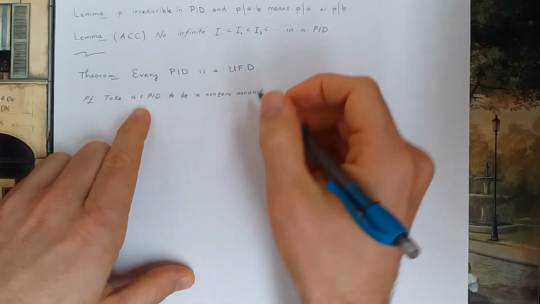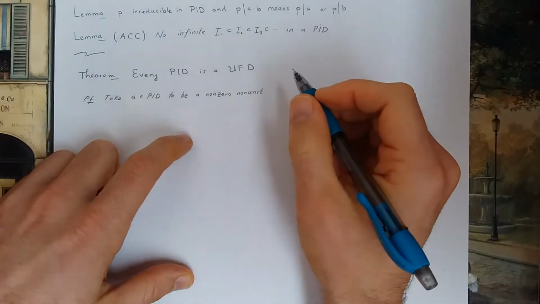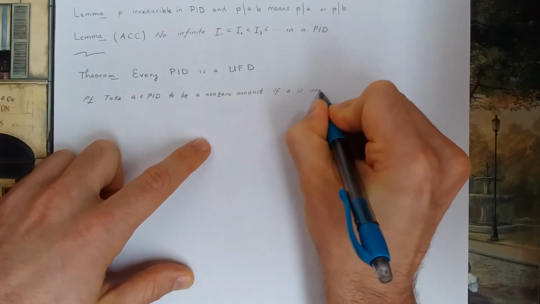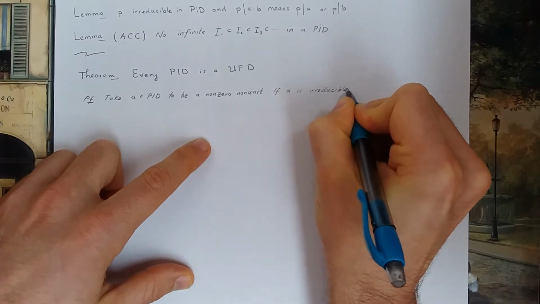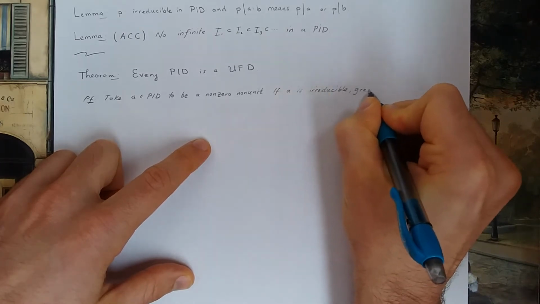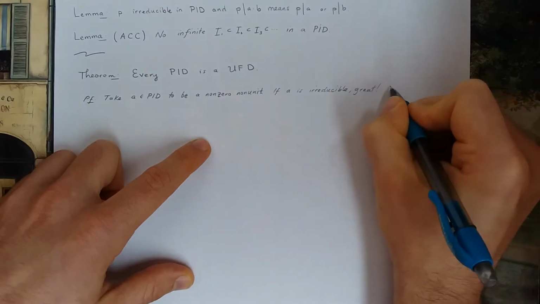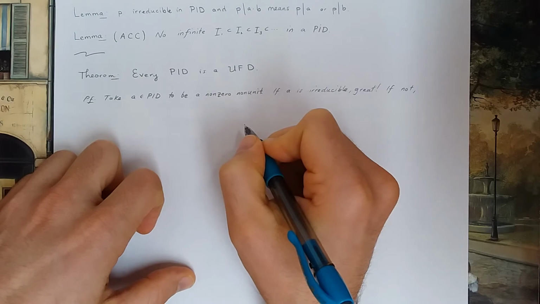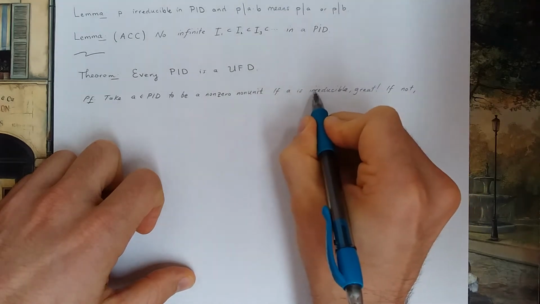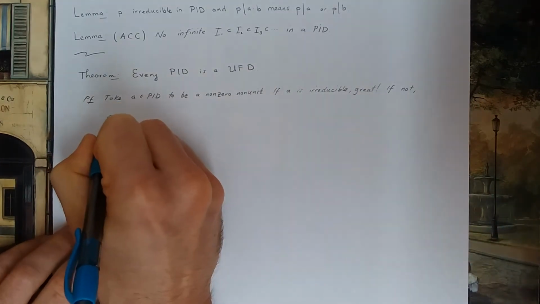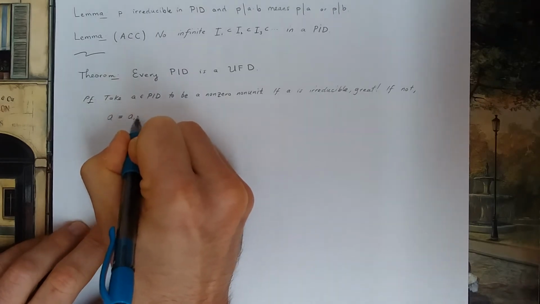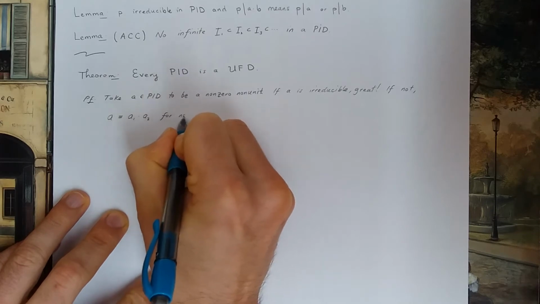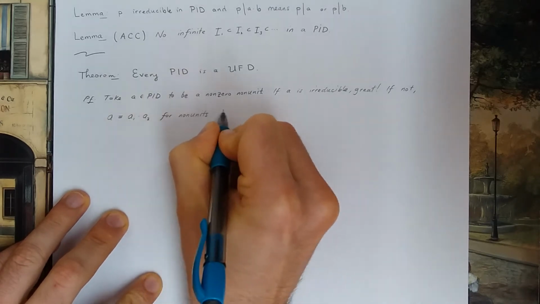If A is already irreducible, great, I'm done. If not, then here's the idea. If A is not irreducible, then A can be written as A1 times A2 for non-units A1, A2.